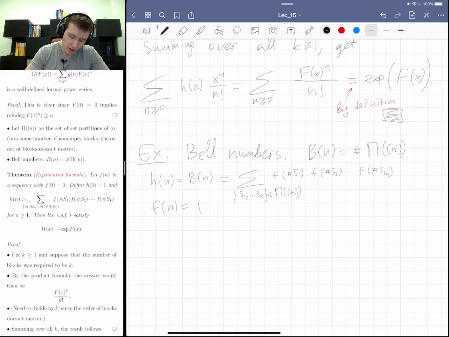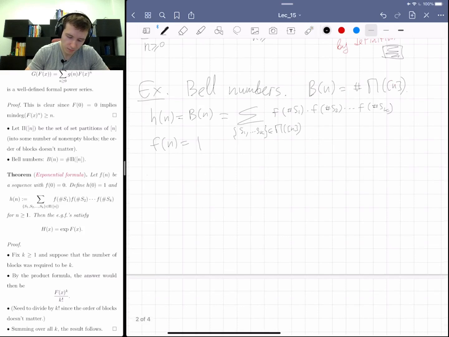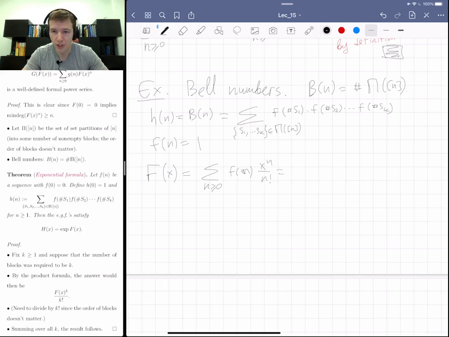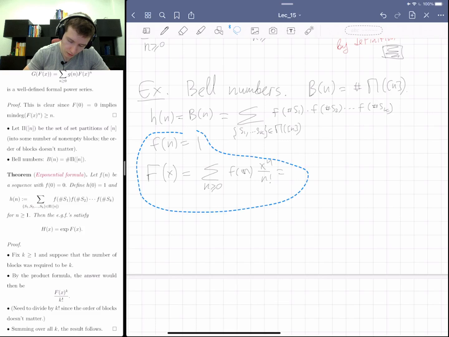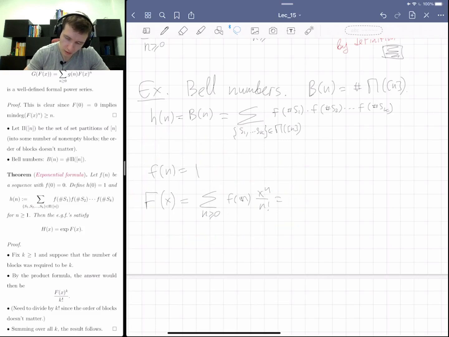Okay, so what is the exponential generating function? The sum of f of n x to the n over n factorial, where f of 0 is equal to 0 and f of n is 1 for n greater than or equal to 1.